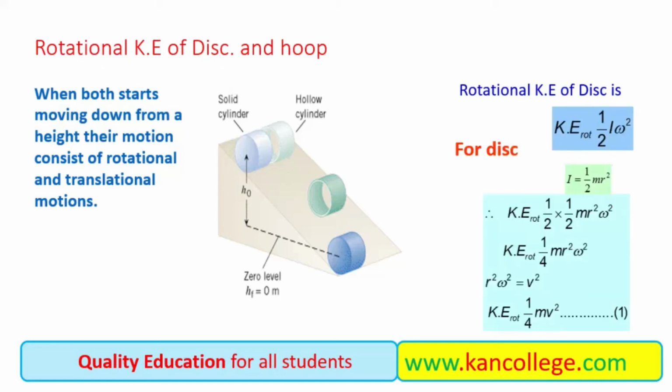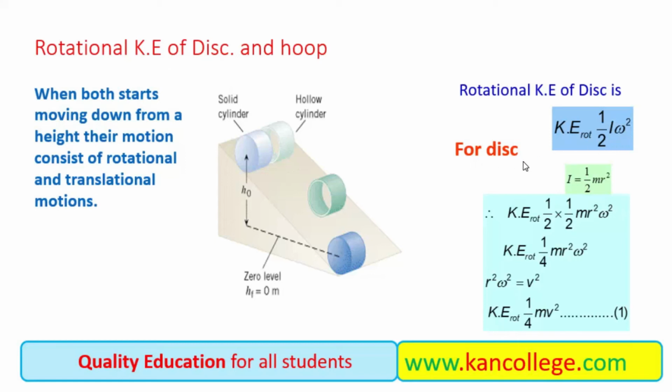As we have proved in the previous slide, the rotational kinetic energy of any body can be calculated by the formula half I omega squared.